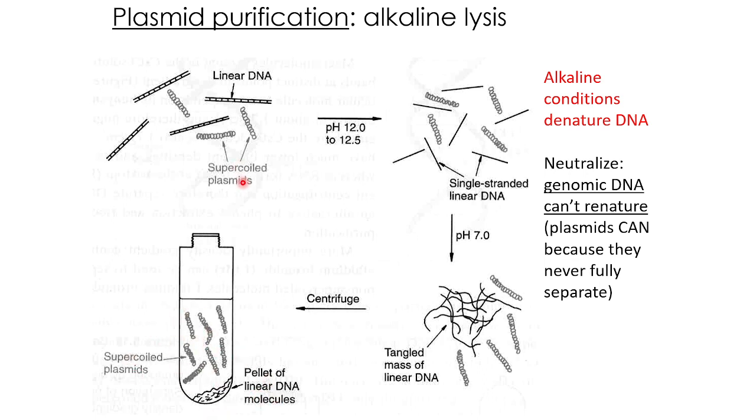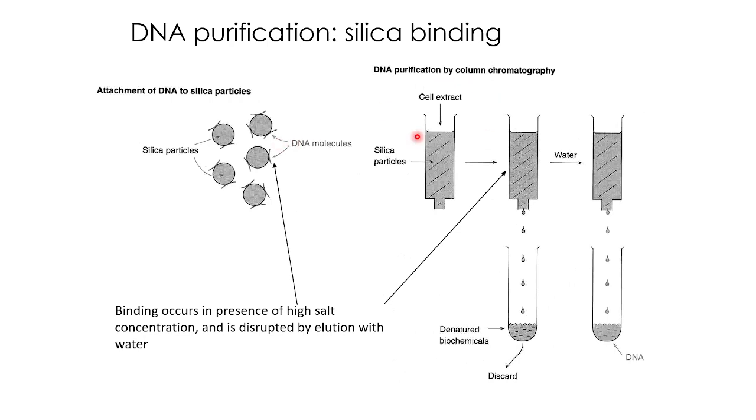You take the supercoiled plasmids and you put them in these silica columns. The silica columns will bind the DNA well in the presence of high salt, and this is disrupted by the elution with water. You can elute them with water, or with a kind of buffer known as the elution buffer, where you have some higher concentration of salt molecules for a longer storage.